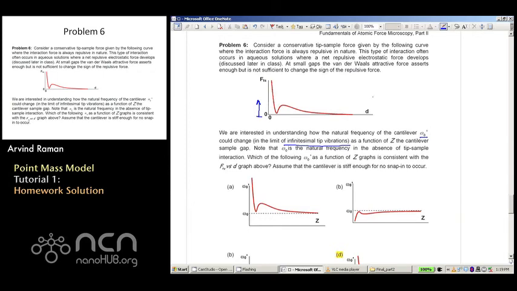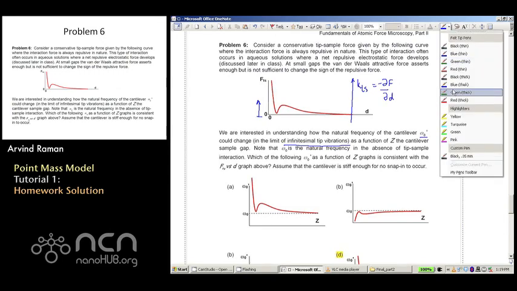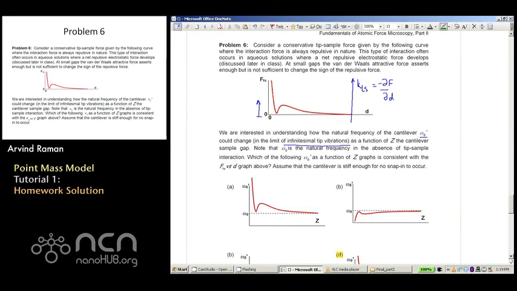Really what matters the most is the gradient of these interaction forces, right? So, if this is the FTS, if I were to, on the same axis, plot what the KTS would look like, which is negative partial F partial D, the KTS would look as follows, right?